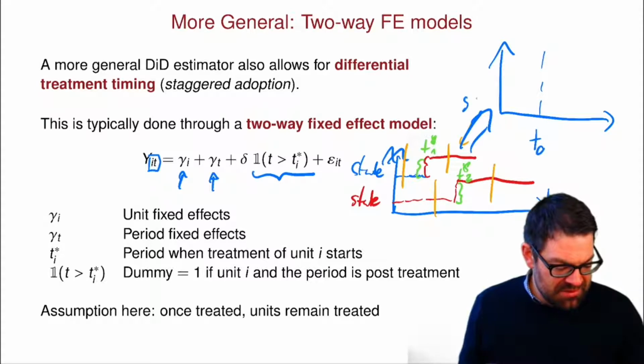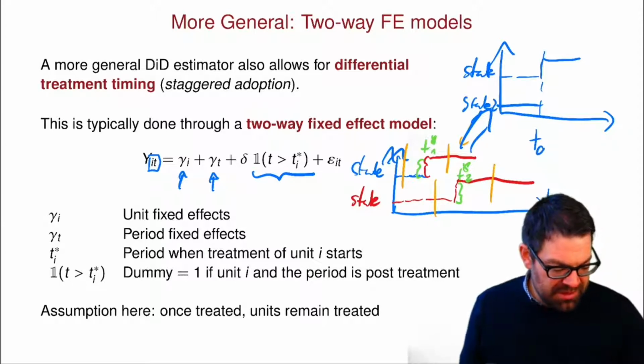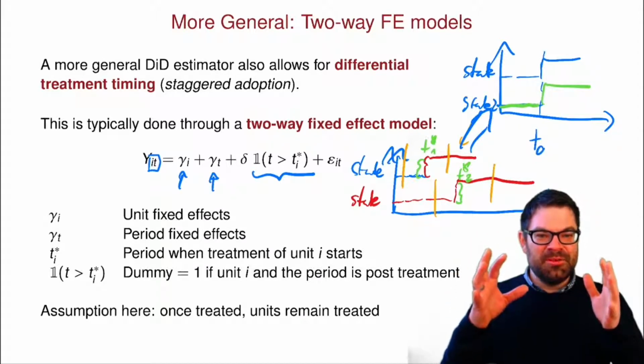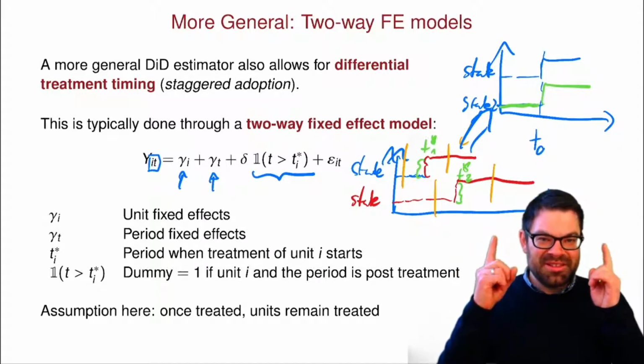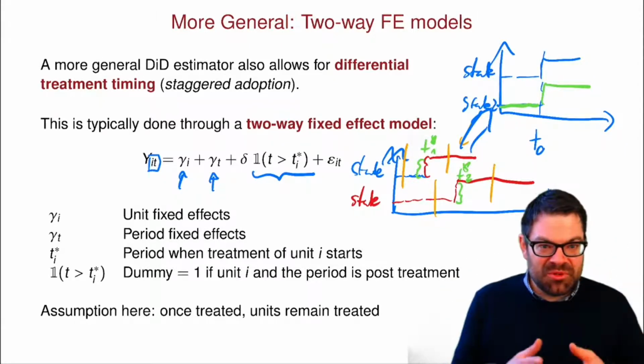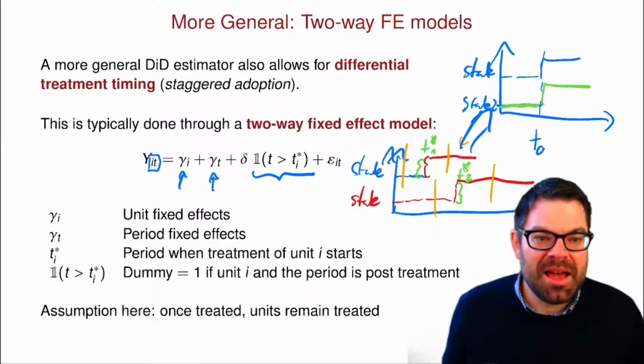So you have state 2 and state 1, and state 1 has the jump here, and in state 2 the jump would obviously happen a little bit later, but the estimator, by choosing that event window, moves them all to the same event time. The event time is the time at which the unit has been treated.